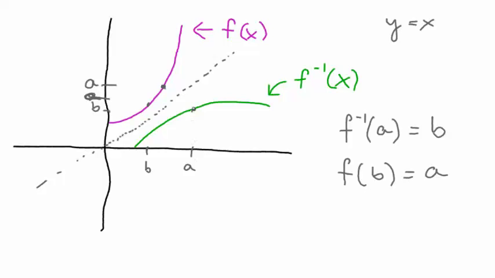Now what we're wanting to find is the derivative of the inverse, which we're not given. So here's the inverse function right here, and this is actually the goal. We want to plug this a into the inverse.